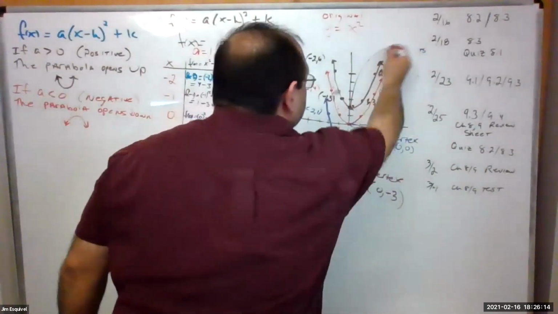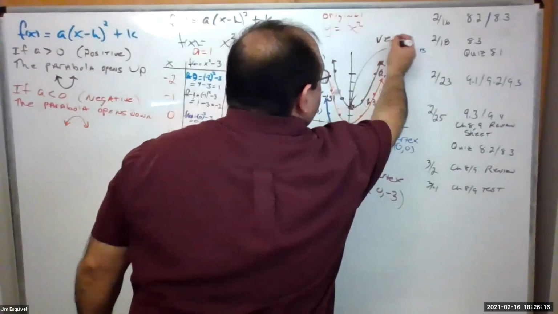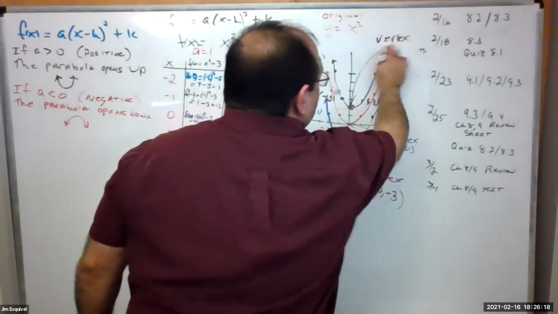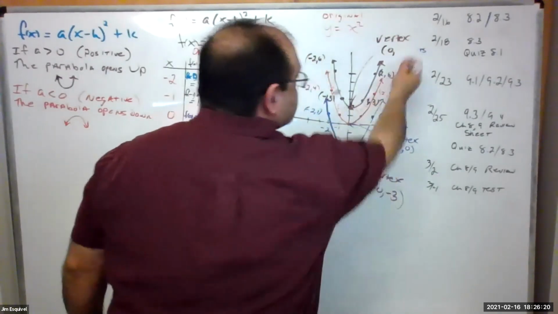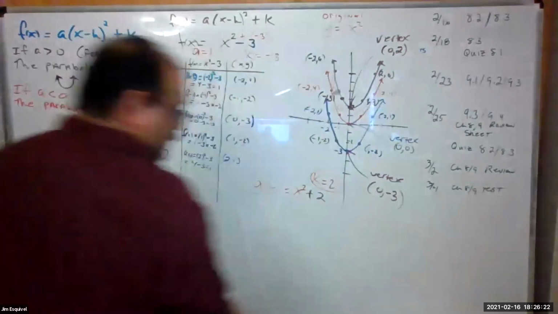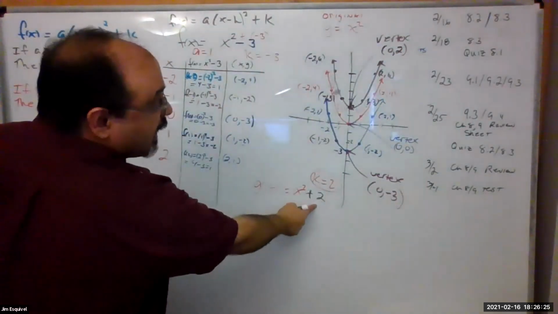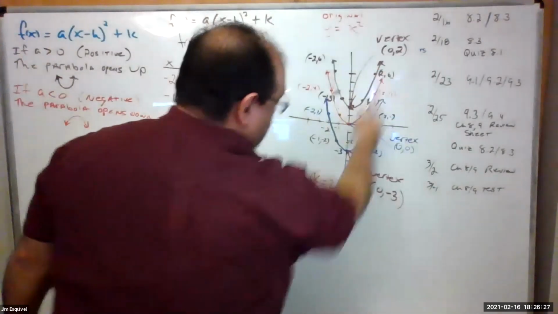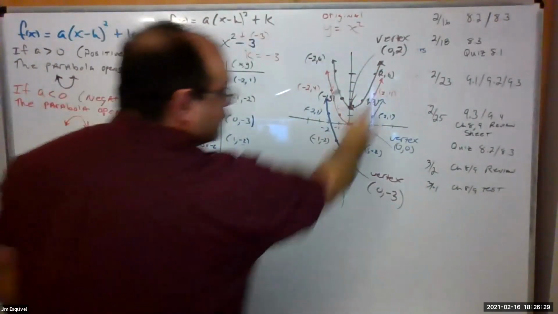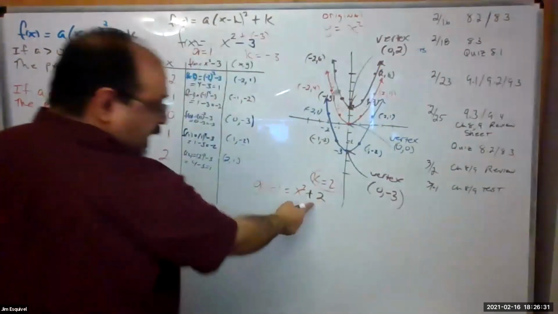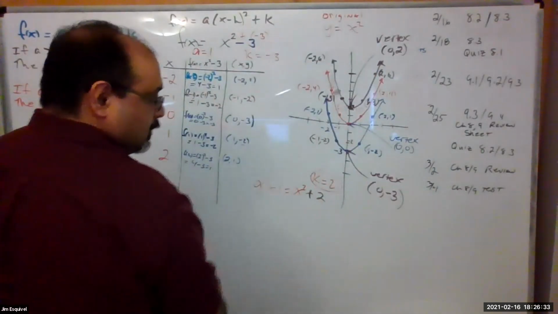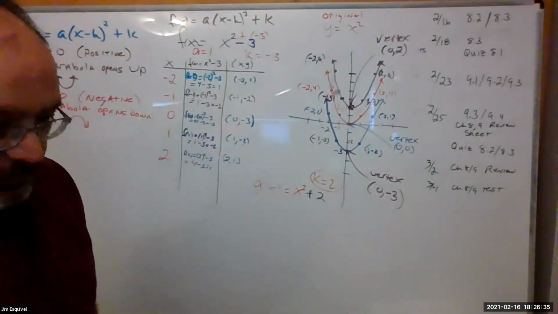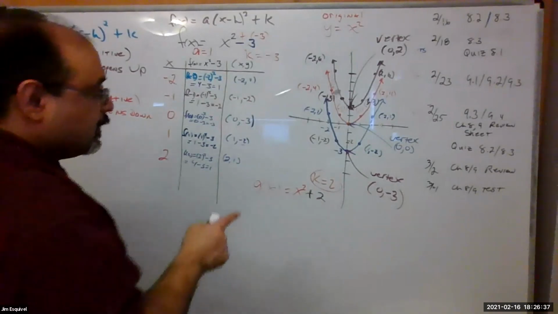And right here, this vertex was at (0, positive 2). This K is a positive 2. That vertex has got a 2 in it, and that K is a 2. I think there's a connection.